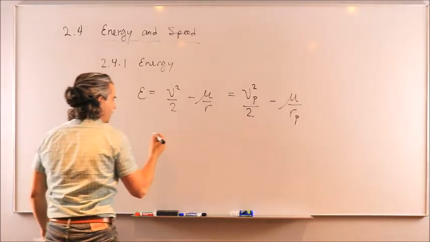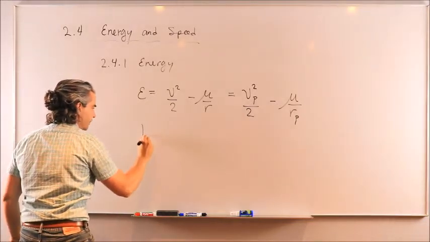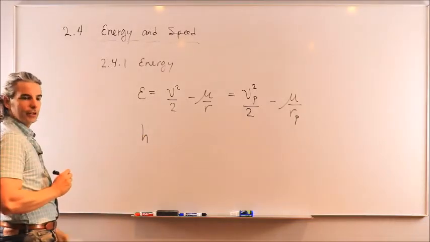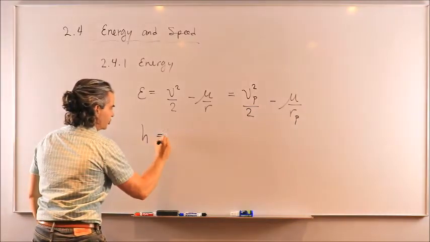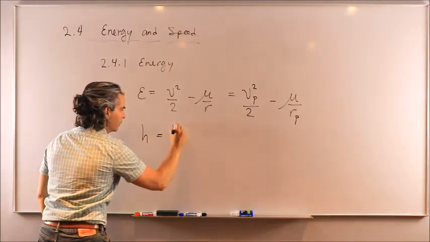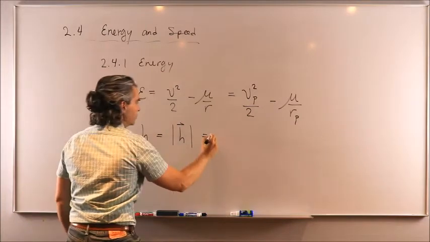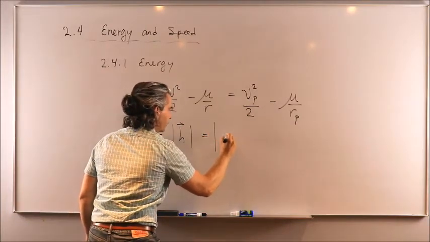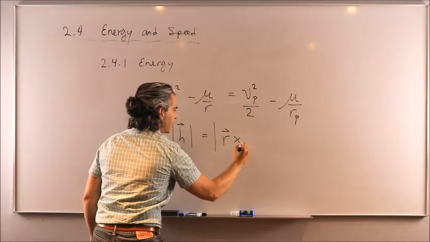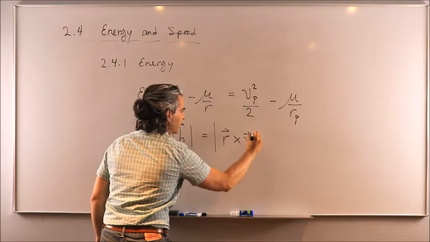Now, furthermore, if you go back to the concept of specific orbital angular momentum h, which is just the norm of h vector, which happens to be then the norm of position vector cross product with velocity vector, like that.